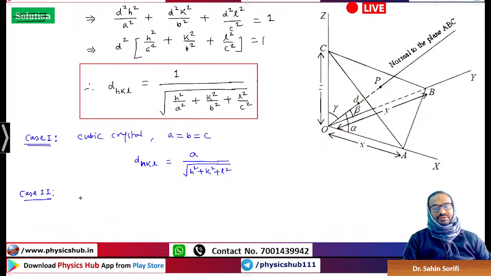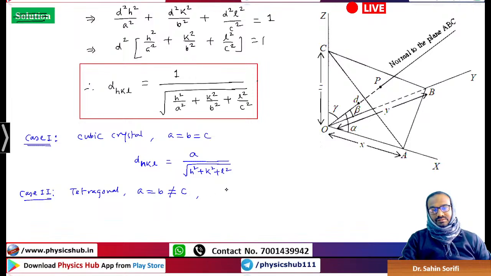As I told you, you should have memorized the specification of these lattice parameters. Let's say I am giving you tetragonal. More than the angles, the sides are important. For tetragonal, a and b are equal, but that is not equal to c. We have this relation, right?